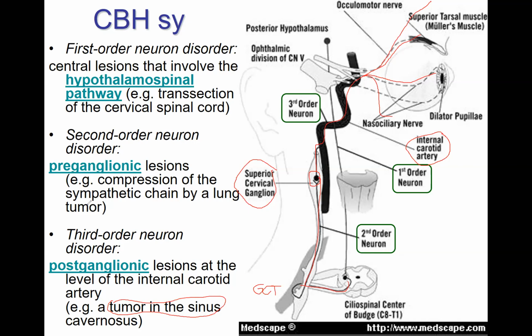For example, it can be a compression by a lung tumor, which will be in the top of the lung. Yeah? The apex of the lung is covered by the cupula of pleura, and you can palpate this above your clavicle in the supraclavicular fossa.